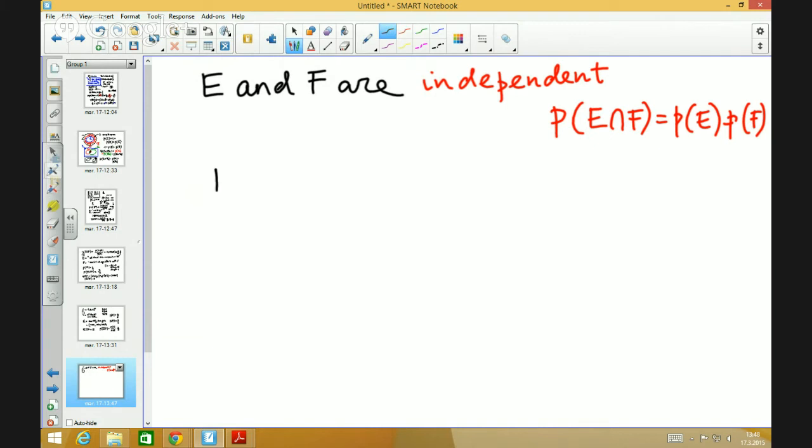Now let's see what happens to the probability of E given that somebody tells you that F has occurred. Well, it's a simple calculation.